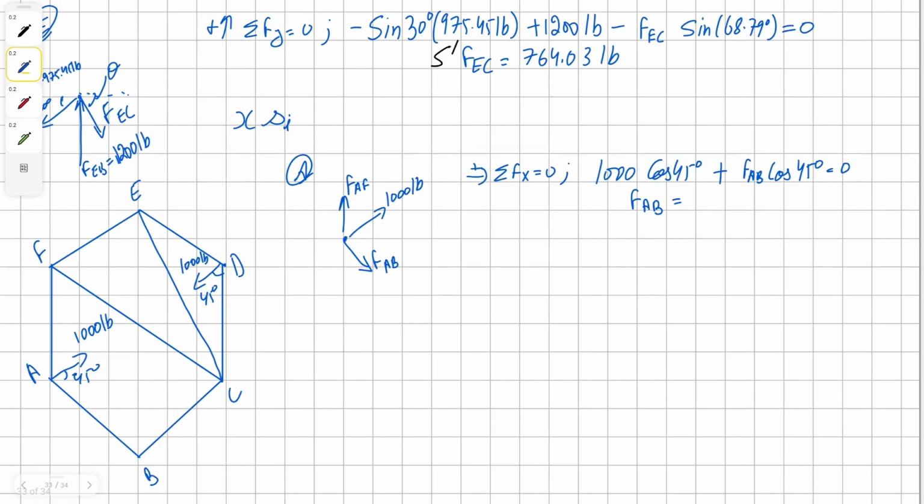For AB, we get our solution as negative 1000 pounds. That means we drew our vector in the wrong direction, so I'm going to switch it over. Also remember, this is our small s, and this member is in compression.